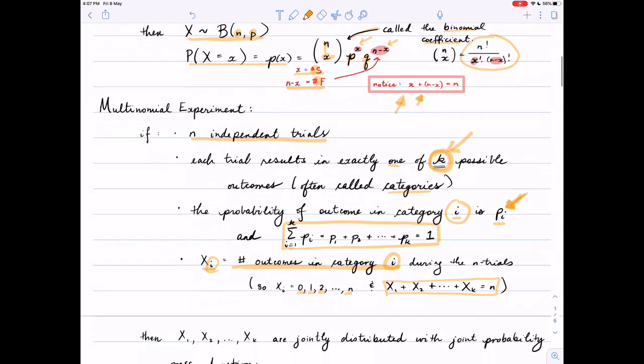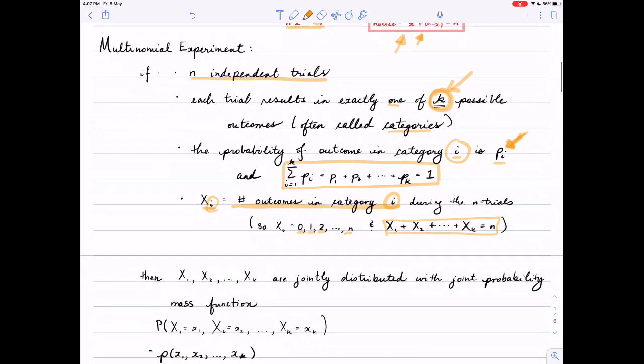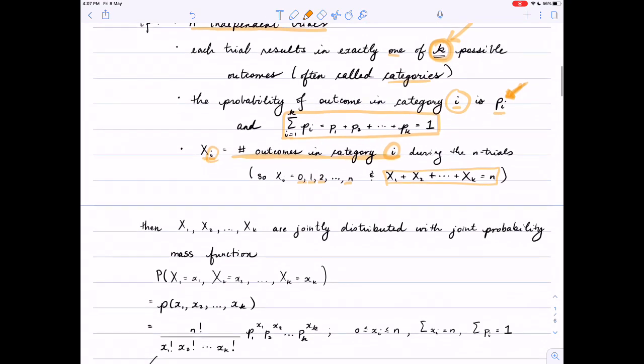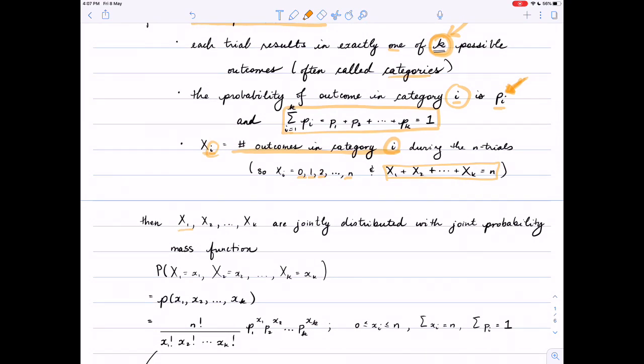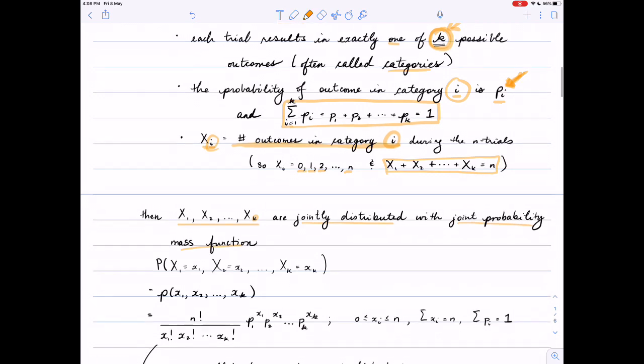And then, if these conditions are all met, then x1, x2 to xk are jointly distributed discrete random variables with joint probability mass function.